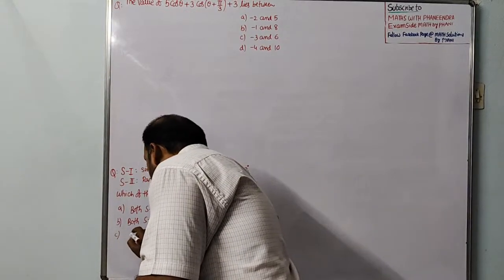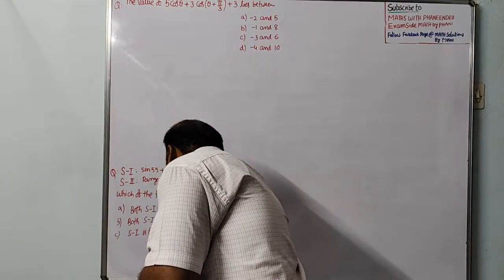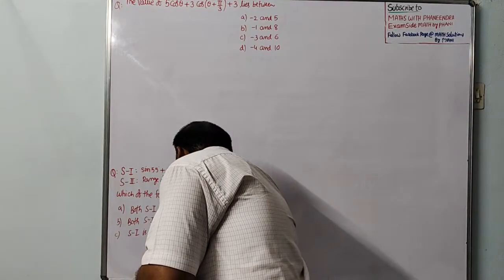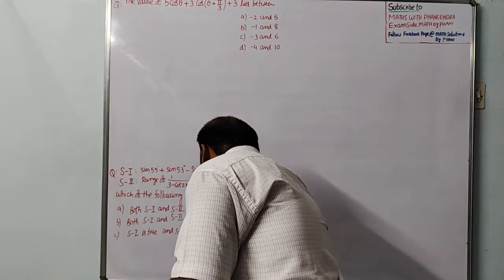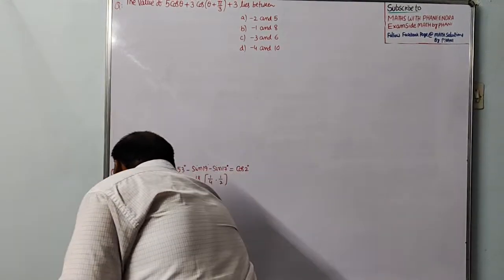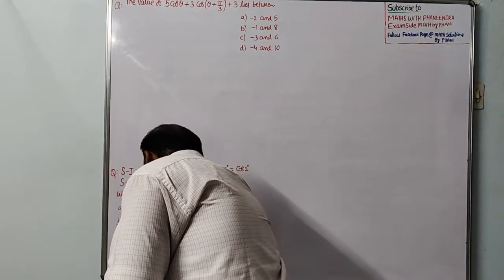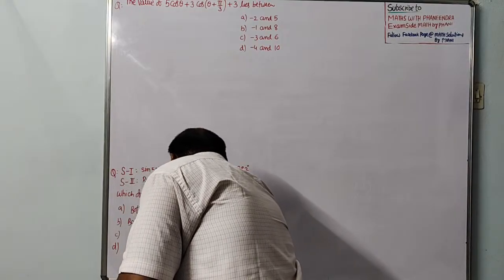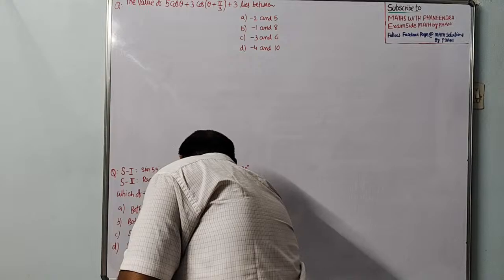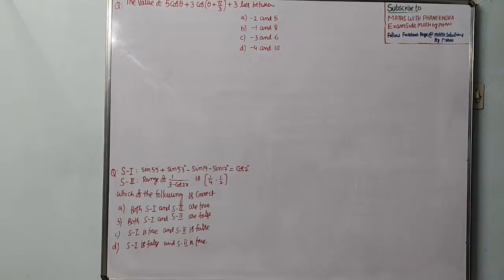Third one, S1 is true and S2 is false. D, S1 is false and S2 is true. We will do it just this case.